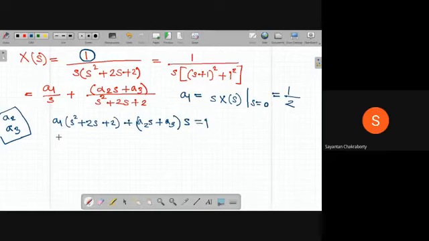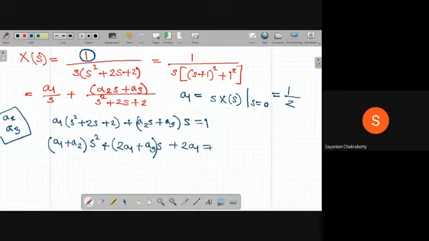So if you just simplify this, what you will get, you will get a1 plus a2 s square plus 2a1 plus a3 s plus 2a1 is equal to 1.